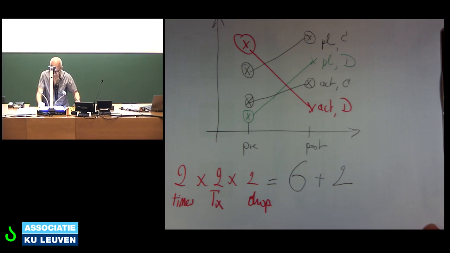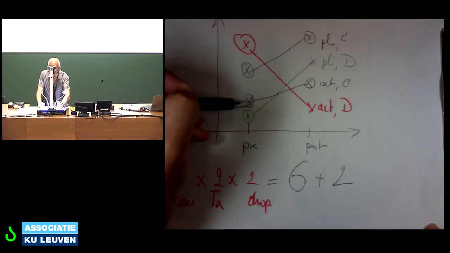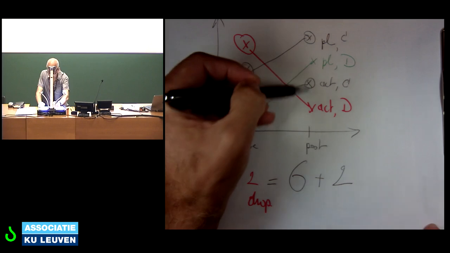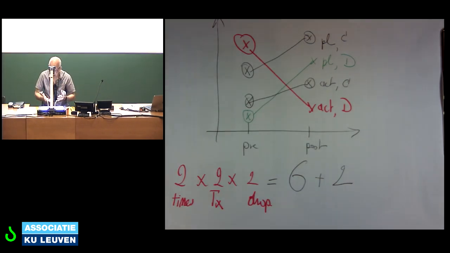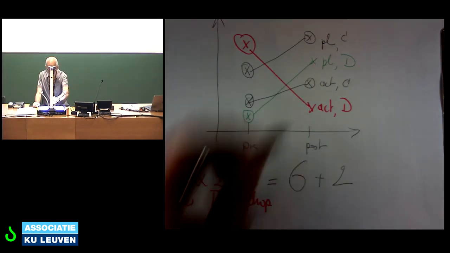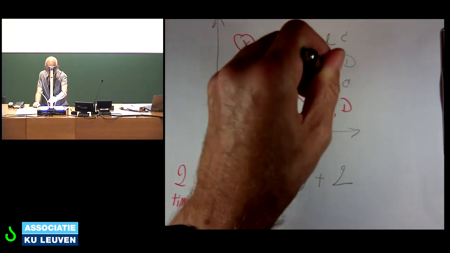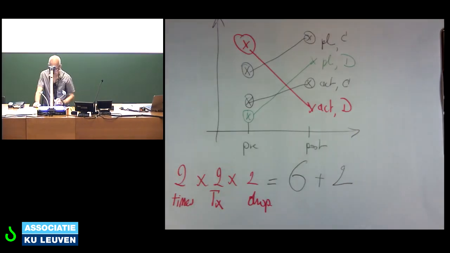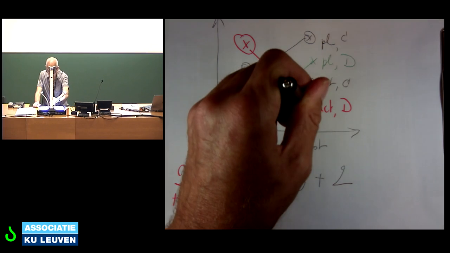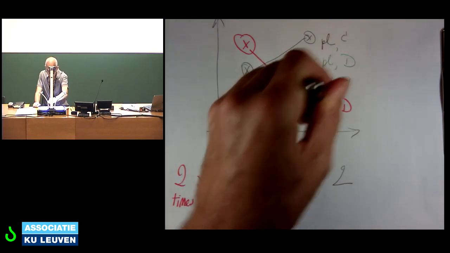Well, look at the graph. There are 6 circles and there are 8 crosses. The crosses are all theoretical, design-based means. For example, this is the mean the second time in the active group among the completers. This is the mean in the active group the second time among the dropouts.